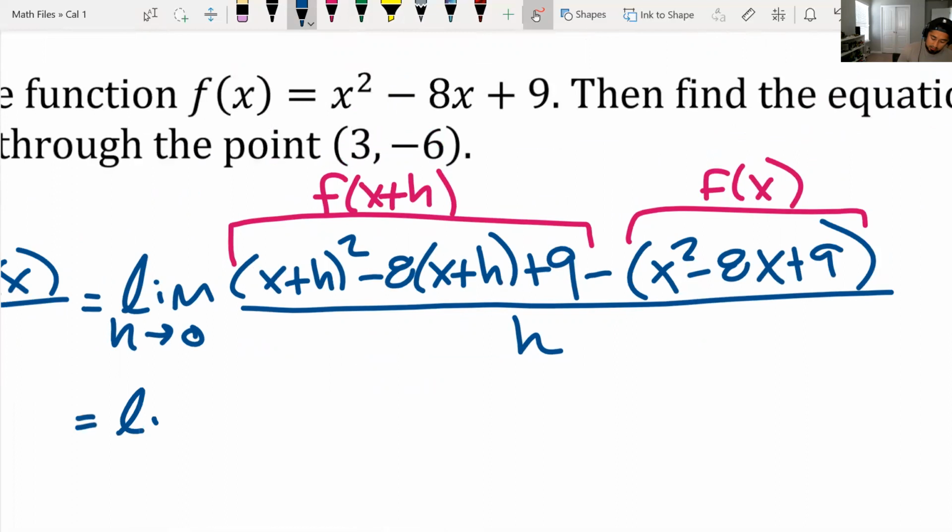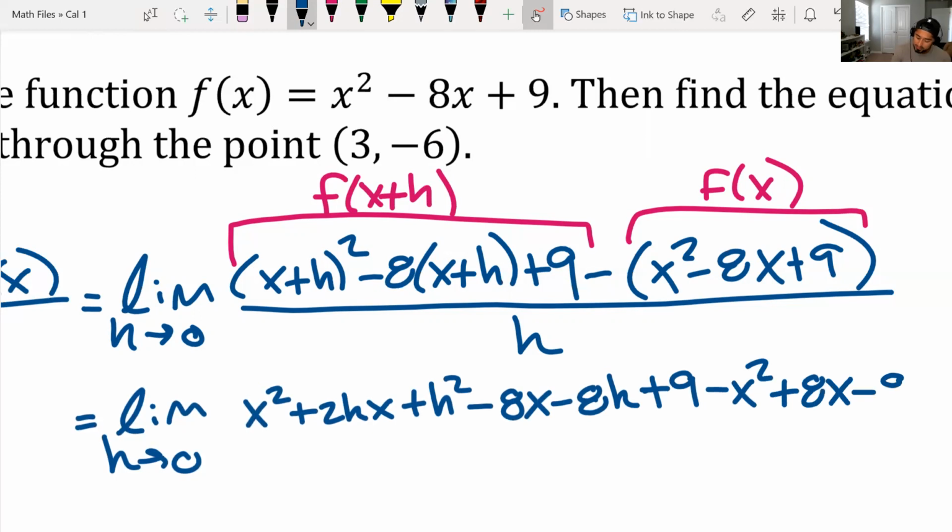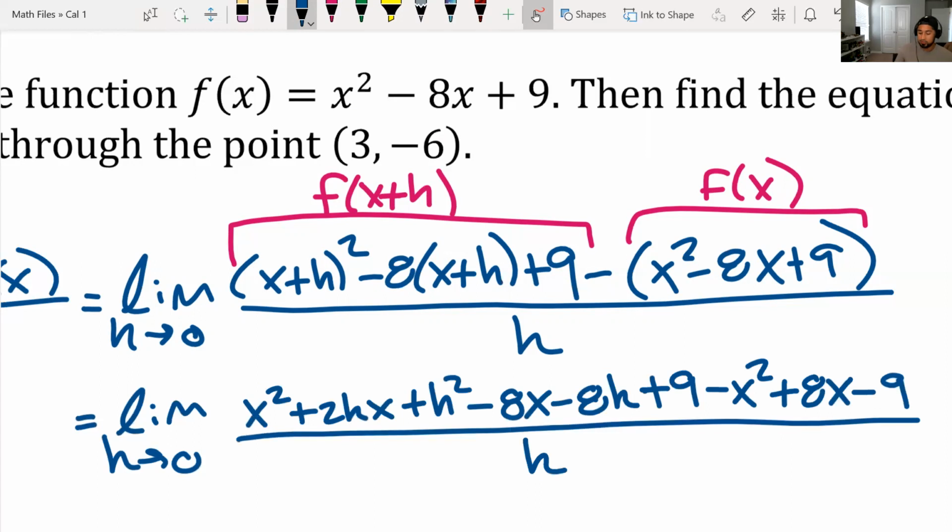You get the limit as h approaches 0 of x squared plus 2hx plus h squared minus 8x minus 8h plus 9, minus x squared plus 8x minus 9, all over h.